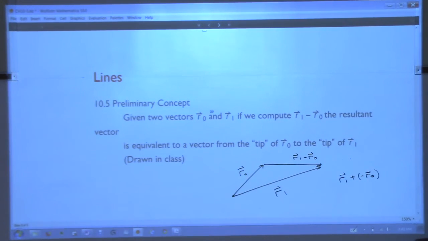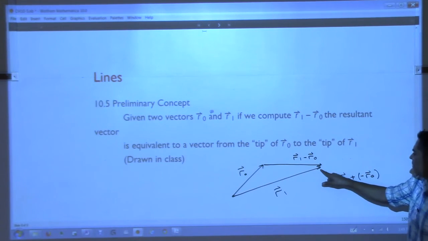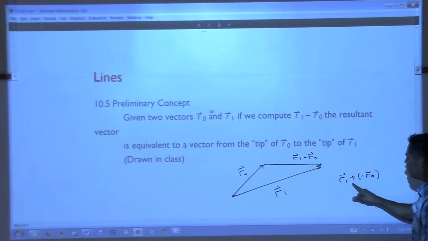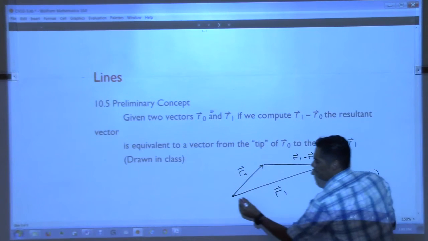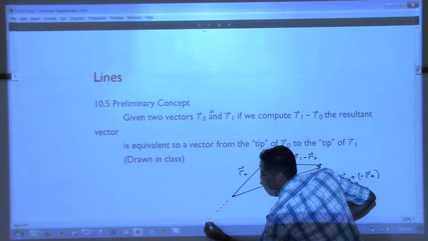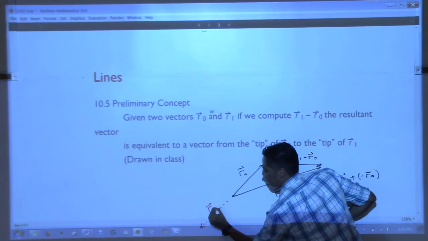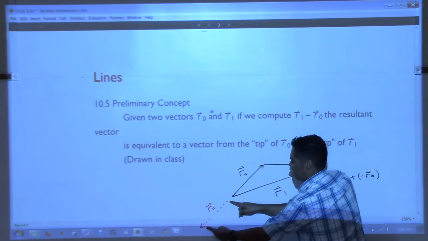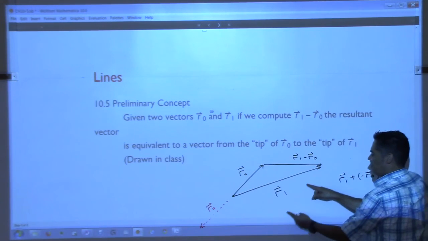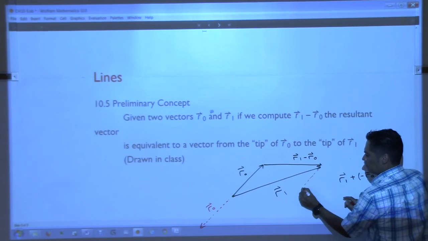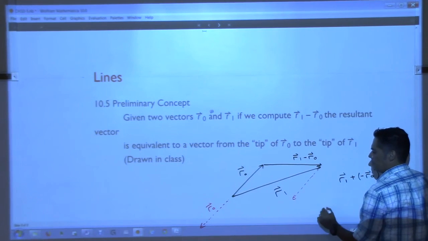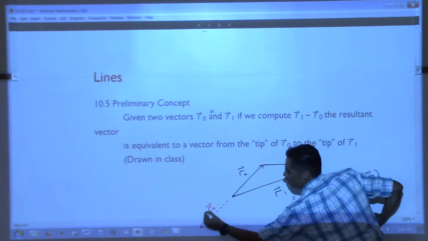And so if I take R1, which goes from here to here, and then I add to it negative R0, negative R0 is that one. So if I take that and slide it here, this is negative R0.